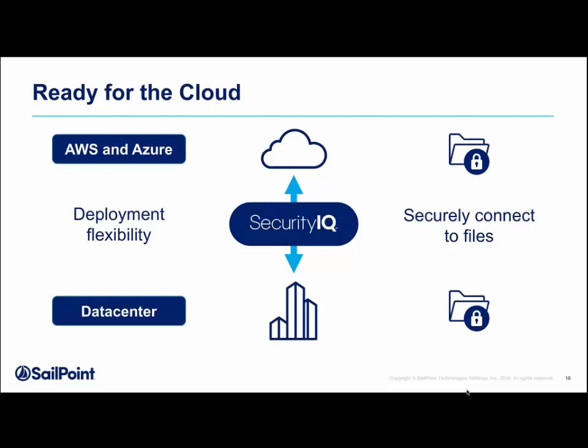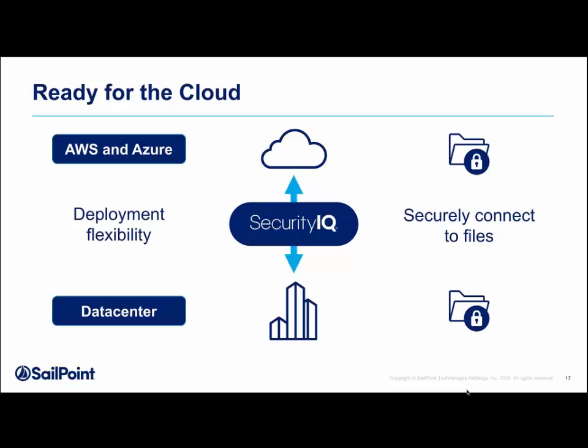So one of the core components in this latest release is the flexibility for organizations to deploy Security IQ either in the cloud or on premises. So those of you out there that have a cloud-first strategy or simply want to take advantage of some of the cloud efficiencies out there, you can now choose to deploy either in AWS or Azure public cloud platforms.